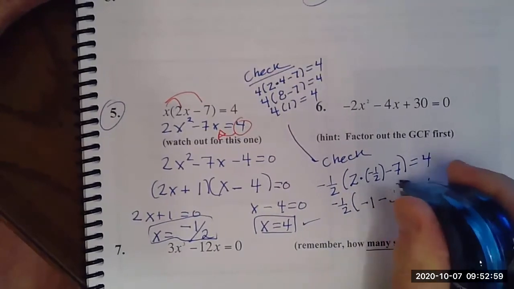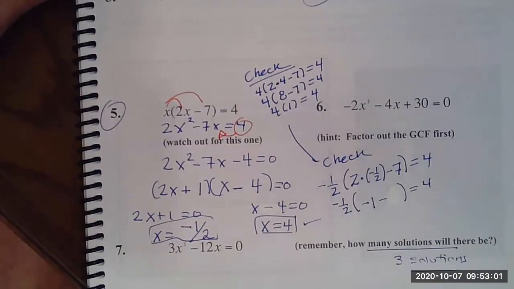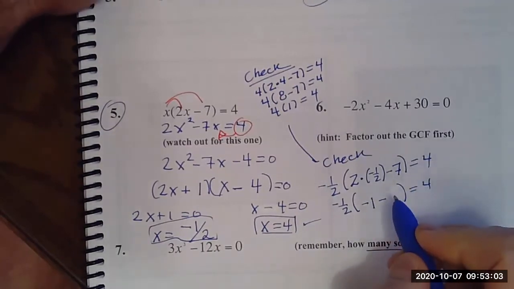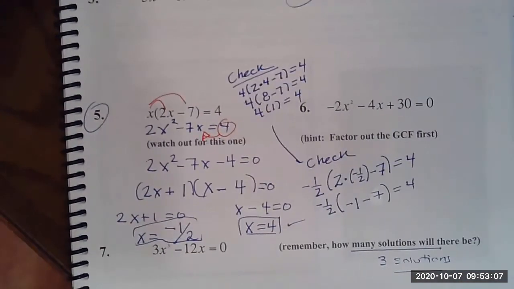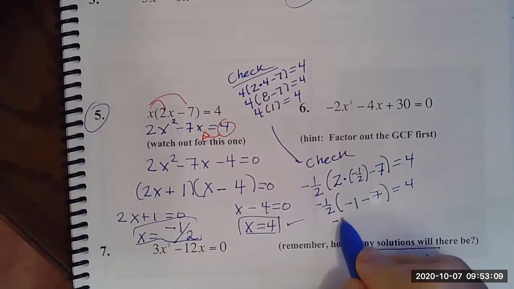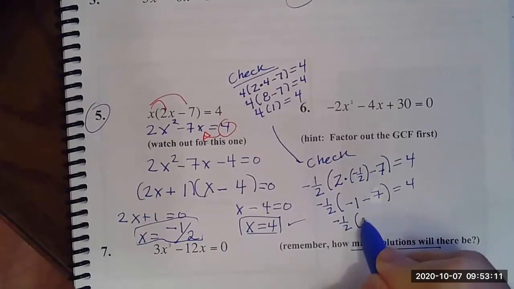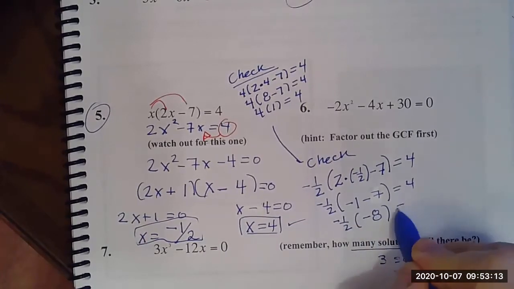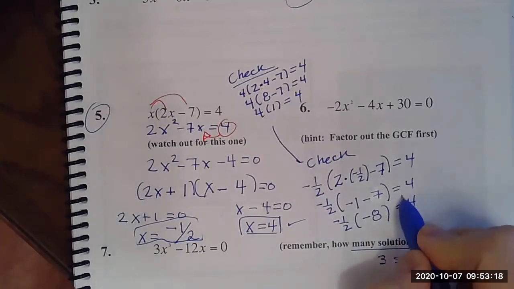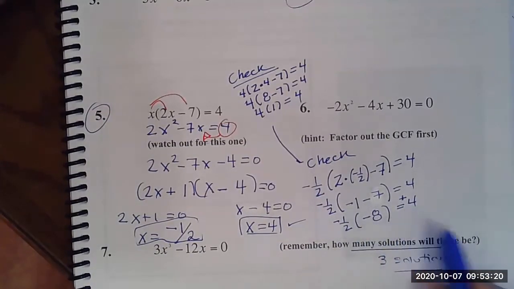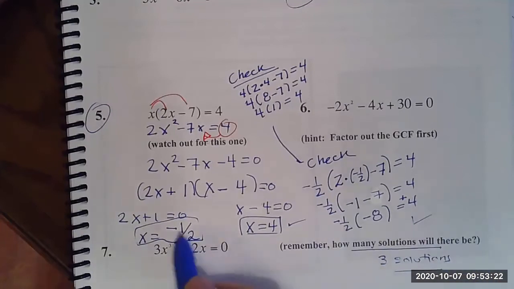My brain's running faster than my hand. Okay, subtract 7, negative a half times, this is negative 8 here, it's supposed to equal 4. Okay, 2 negatives make a positive, check. And half of 8 is 4, check. Good answer.